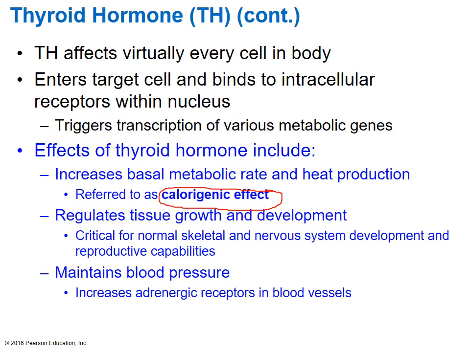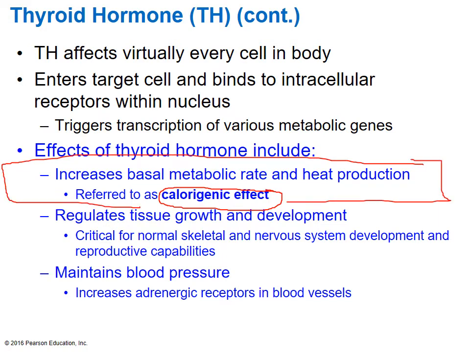Your thyroid hormone can also play a role in regulating your tissue growth and development, and it can interact with the adrenergic receptors in your blood vessels, which can regulate vasoconstriction and vasodilation. So it controls the size of the lumen of your blood vessels, which means that it plays a role in blood pressure as well. But its primary role is going to be the metabolic rate and heat production, okay?